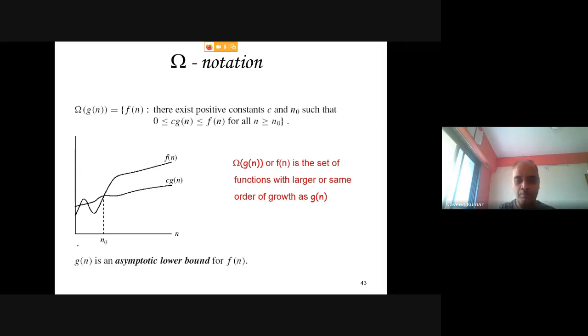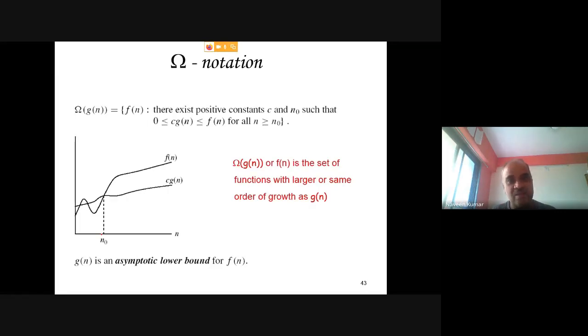If you remember, big O notation is defined as a tight upper bound, right? That was a tight upper bound because it captures the upper limit to that given function f(n).